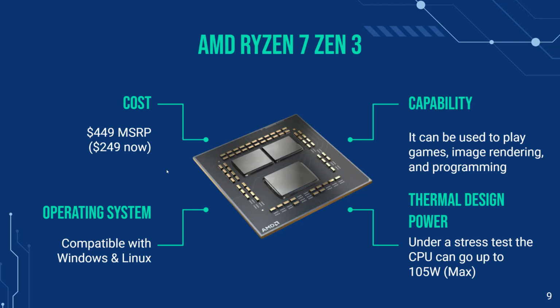The programming used for this processor is a little bit more intensive compared to the Raspberry Pi, since it has more cores, allowing us to do more intensive programming. And the thermal design power is how much stress we can put on the CPU. For this processor, we can go up to 105 watts, but nothing higher than that.